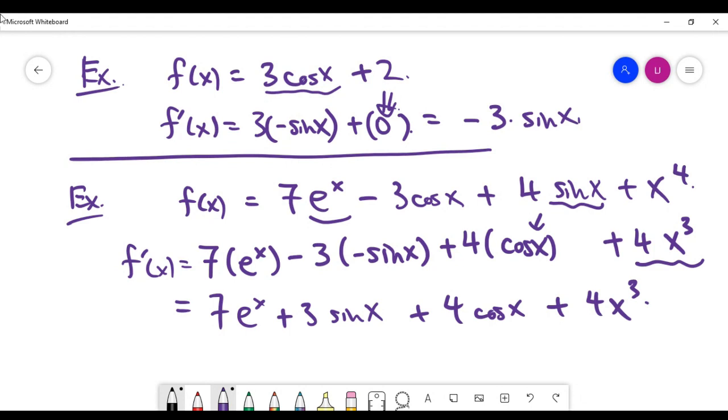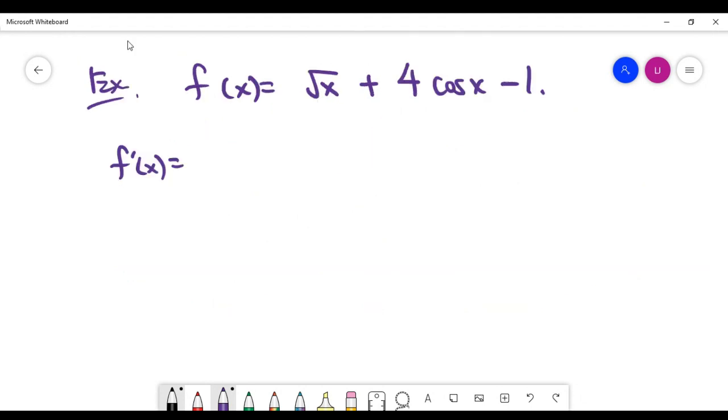One more example. So let's look at a new example for the f. And let's do the differentiation term by term as usual. For minus 1, it becomes minus 0. Whenever you differentiate a constant, it's going to be 0. And the middle term, we keep the 4 there, and the cosine x becomes minus sine x, as I said in the first page.